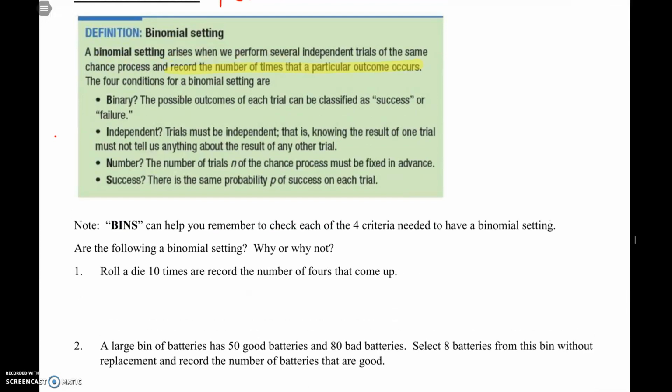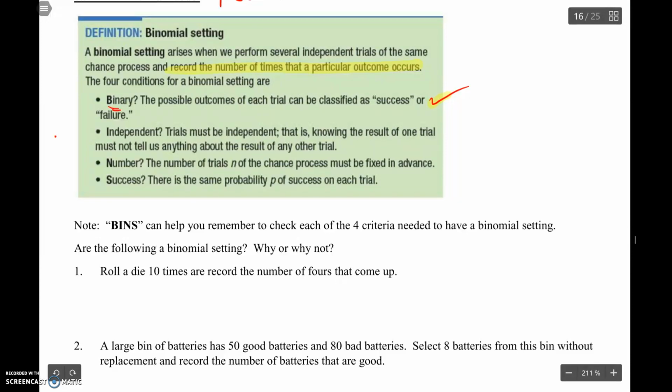The 4 conditions for a binomial setting are binary. The only outcomes can be success or failure. So yes, no, 1, 2, some kind of success, failure. There can only be 2 outcomes. Independent, the trials must be independent, so the outcome of the first trial can't influence the outcome of the second trial.